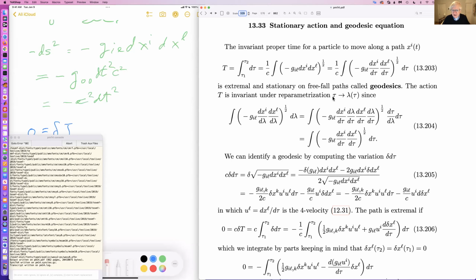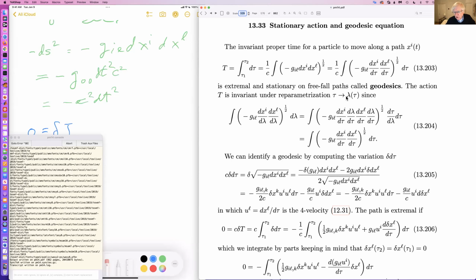reparametrization. In other words, here you see it's an integral d tau, and this is g_ij of x of tau, and this is dx^i/d tau, and so forth.